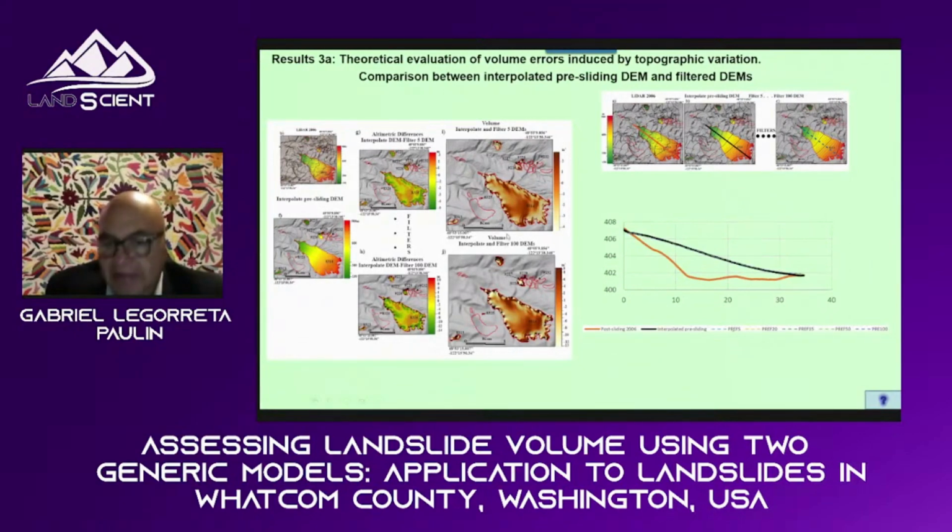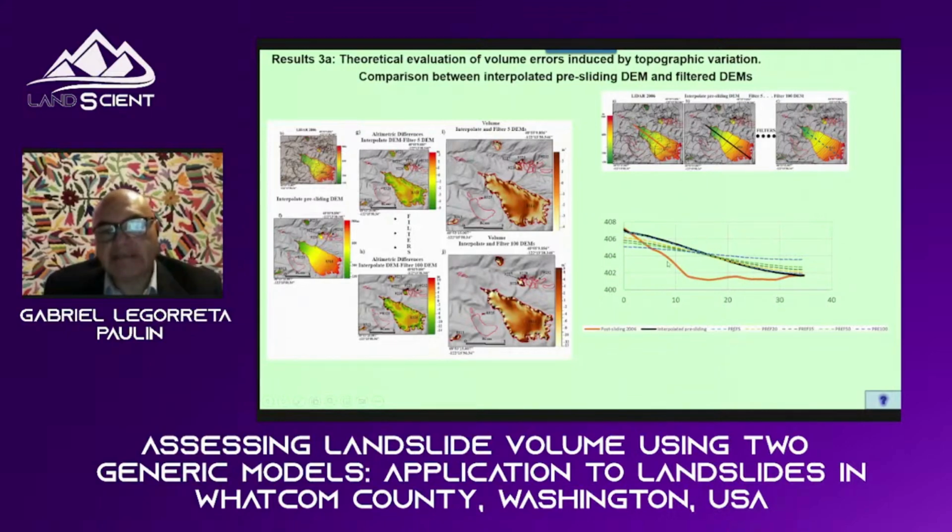So we filter 5 times, 20 times, 35 times, 50 times, and 100 times. So as you can see, the effect of filtering makes the digital elevation model in the landslide area lose material at the headscarp and accumulate at the deposit.